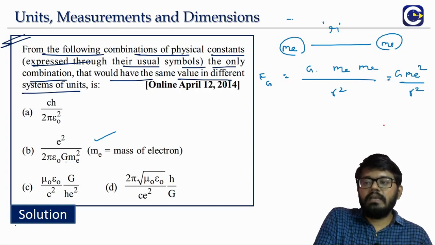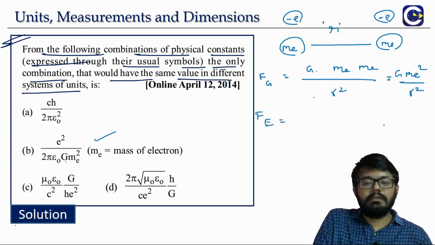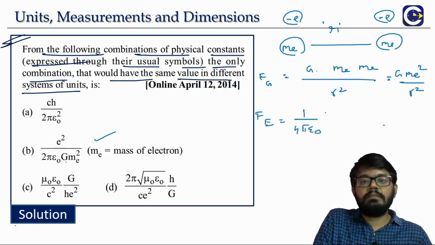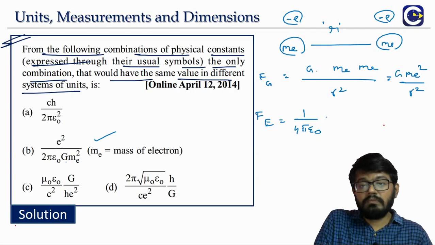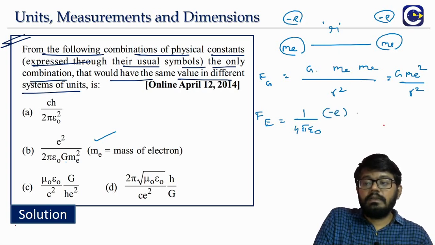Similarly, because each electron will have a minus e charge, the electrostatic force between them, because like charges repel, will be given by 1 by 4 pi epsilon naught. This formula we will see in plus 2, Coulomb's law. 1 by 4 pi epsilon naught, charge product, the value of the charges. We will have to take a modulus.